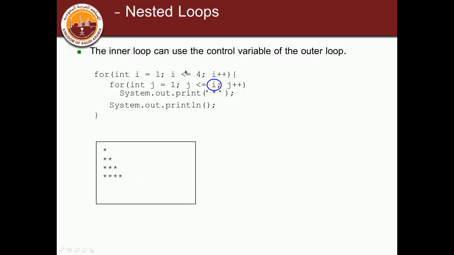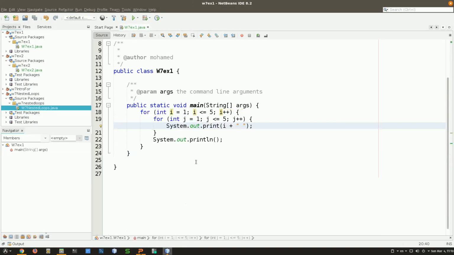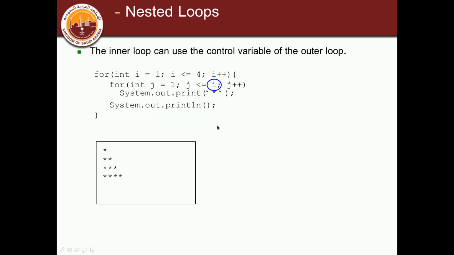Do we need another for loop? No need. Just the same way that we did here. This inner loop, instead of displaying a star, I can display a number. This is the same loop, but instead of having 5 here, I should make it i.